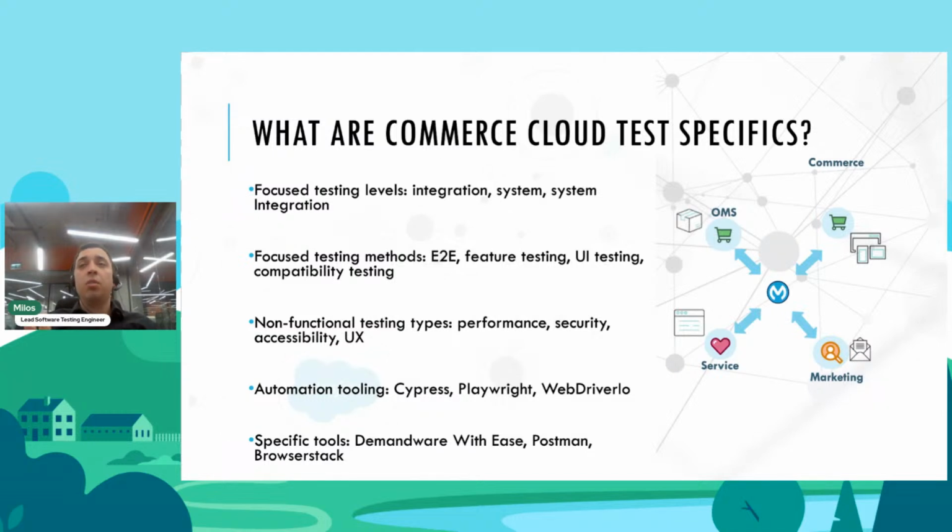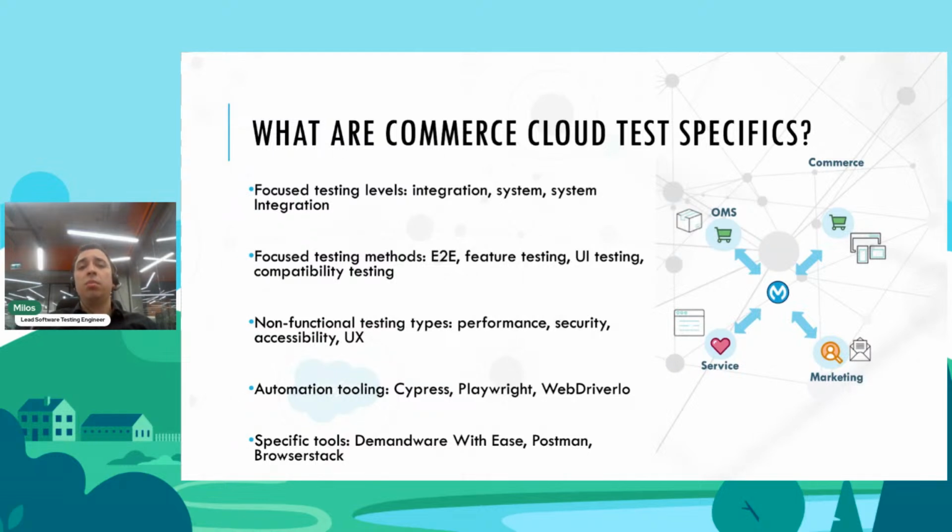Non-functional testing types, again, always performance. Security, because again, it's publicly accessible, so security is an important thing. Accessibility. I mean, now for any European client and US client, accessibility requests are always present. And user experience.